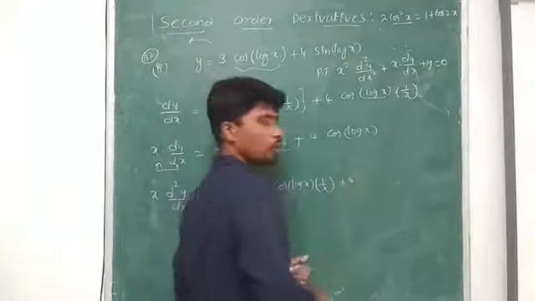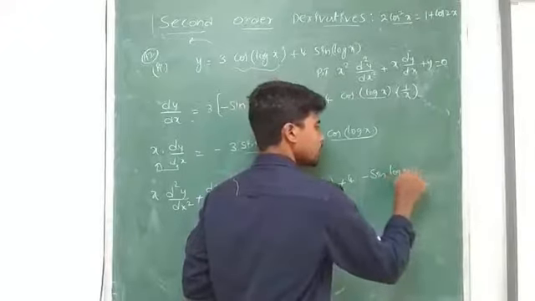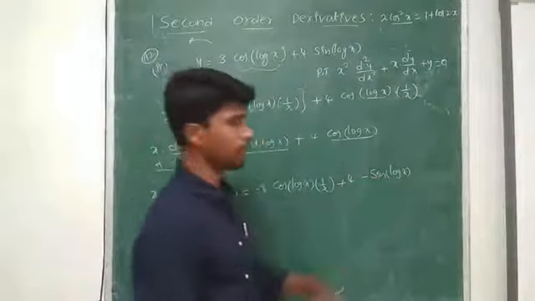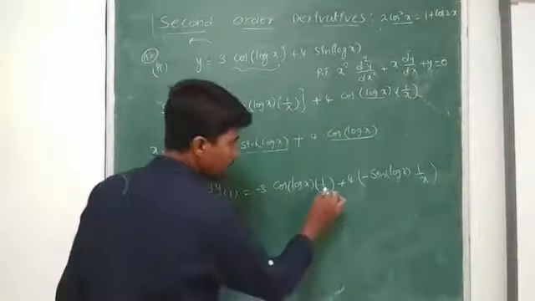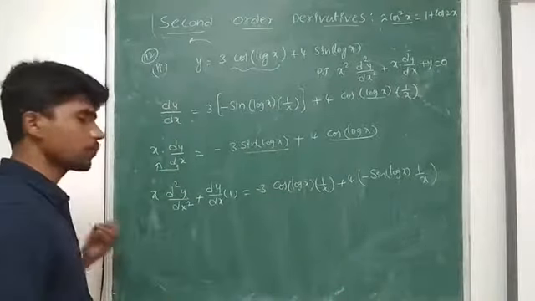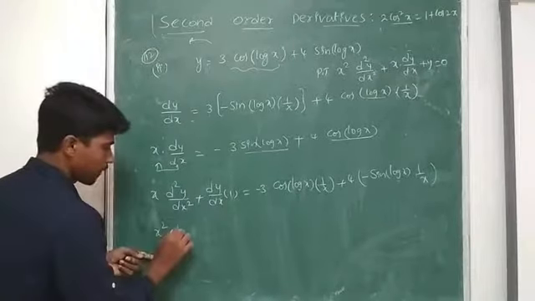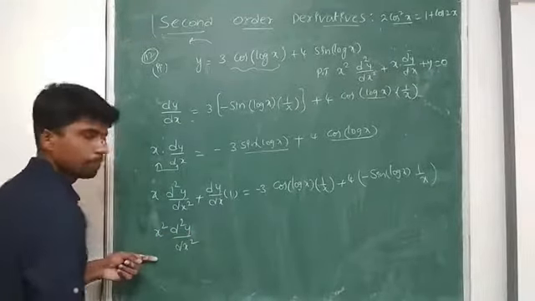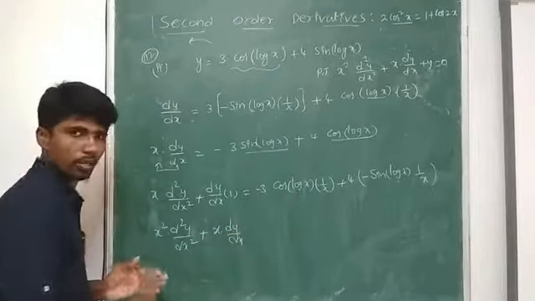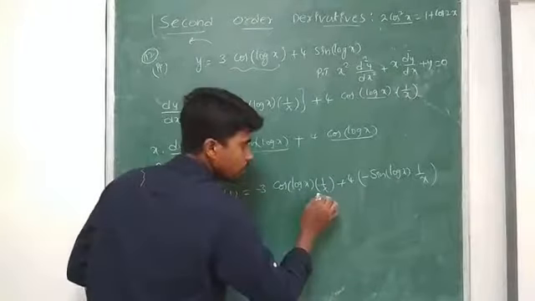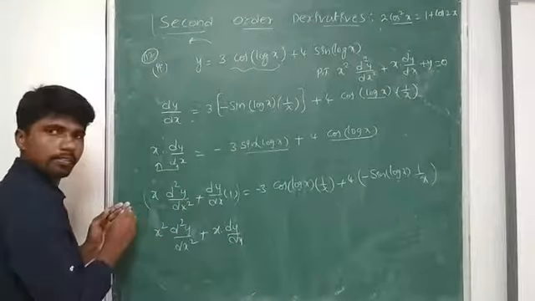Plus 4 cos x derivative minus sine x, with log x here, and log x derivative is 1 by x. Again we have 1 by x. So take that 1 by x common and transfer to left side. We get x square d2y by dx square plus x into dy by dx. How we got this? We took this as LCM and transferred that to left side, then it multiplies by x.